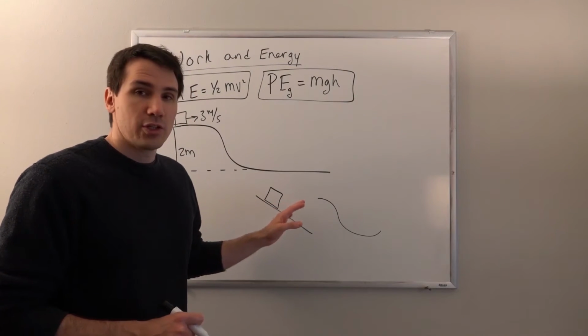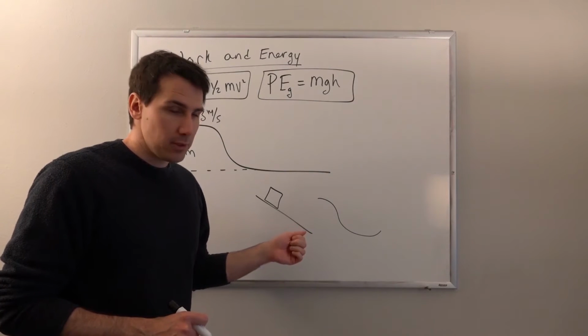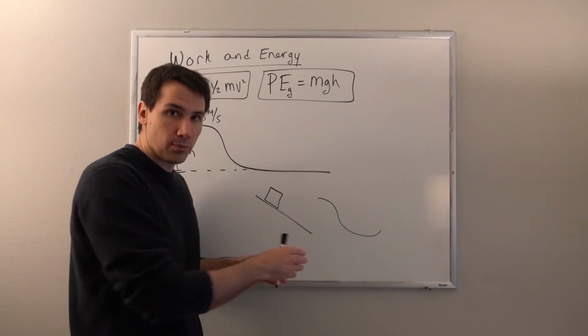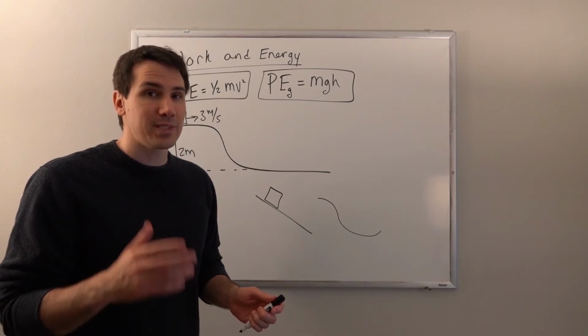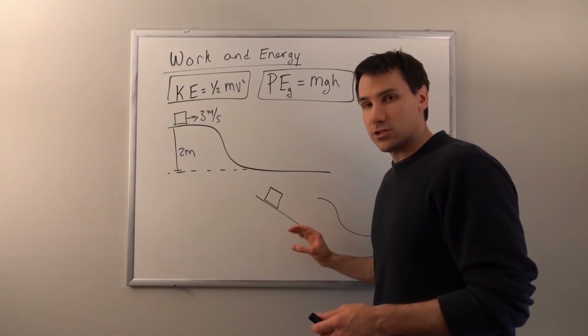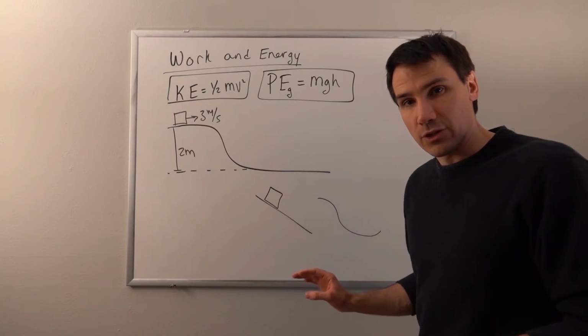And in fact, without knowing the exact details of the slope, you actually just can't solve it. You would need to know every single detail of how the slope moves in order to be able to solve it. And even then, it would take a lot of mathematical headaches to get a solution to the velocity of the block moving down some kind of a curved ramp.